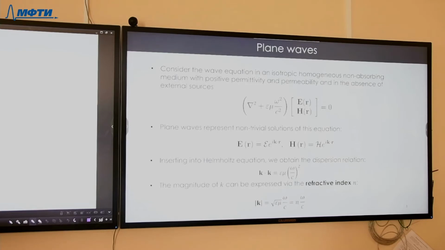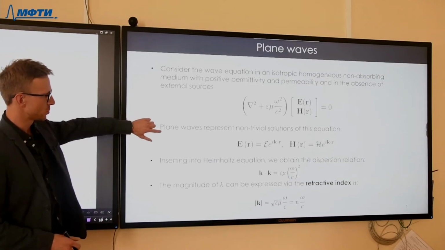Then we can take the square root, and we can express the magnitude of the wave vector with use of the refractive index n, which you are all familiar with, of course, in the case of a homogeneous, isotropic medium with real valued permittivity and permeability. This is just the square root of epsilon times mu. Nothing new for you so far.